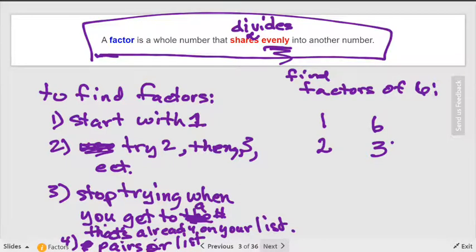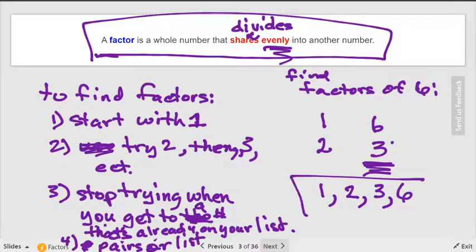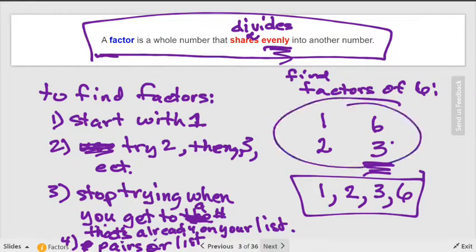I forgot, with factors we can stop earlier. So I just saved you some work. After you try 2, what would you try next? 3. But what do you notice here? 3 is already on your list, isn't it? So do I need to try 3? Nope. I'm done. So what are the factors of 6? 1, 2, 3, and 6. So there it is written as a list. Here it is written as pairs.